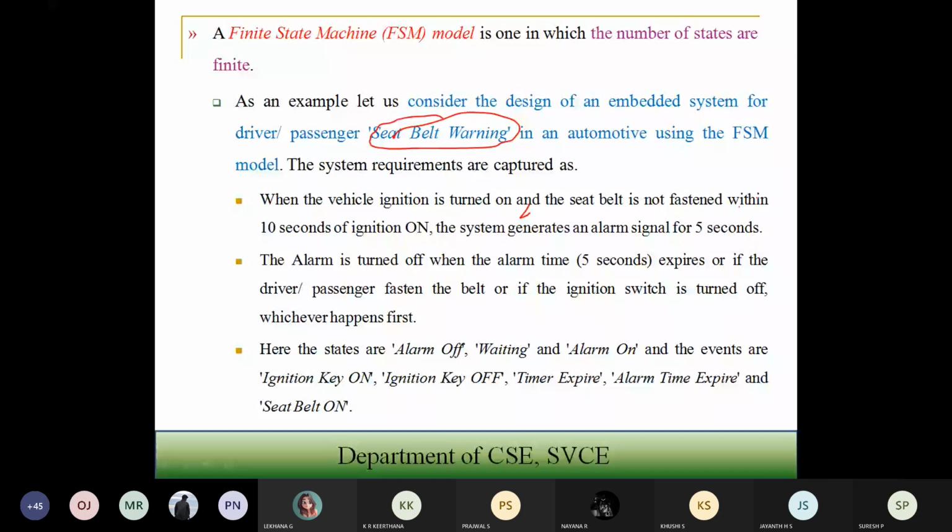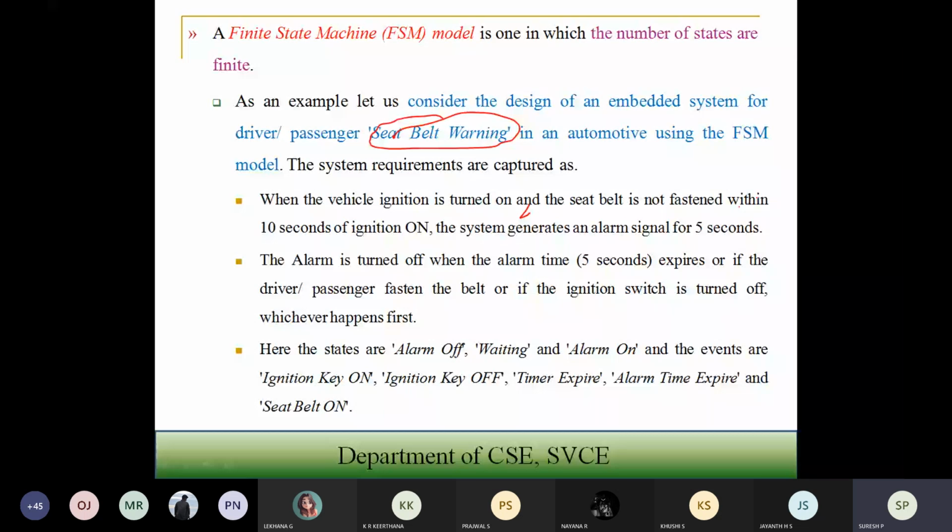Now, the alarm is turned off when the alarm time expires, or if the driver or passenger fastens the belt, or if the ignition switch is turned off, whichever happens first. So, according to this, when is your alarm going to turn off? The alarm is turned off after the timer expires.